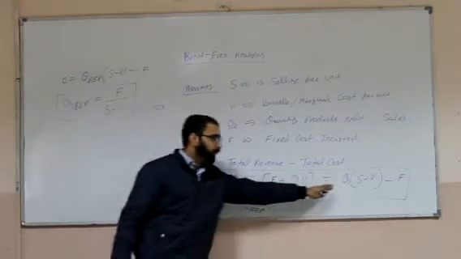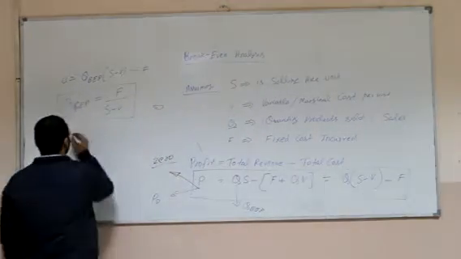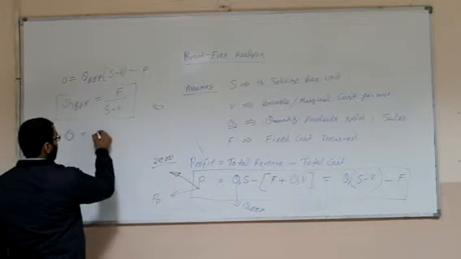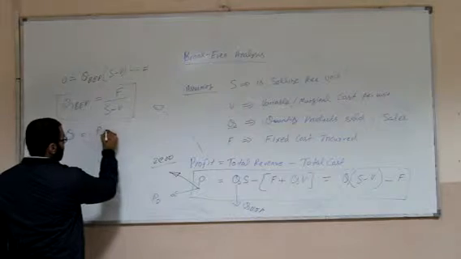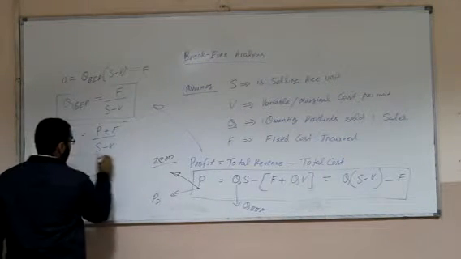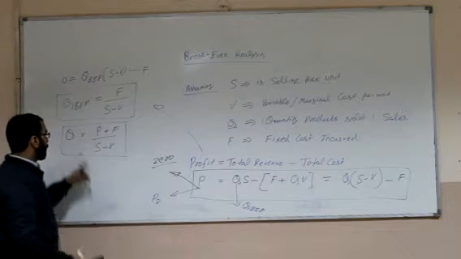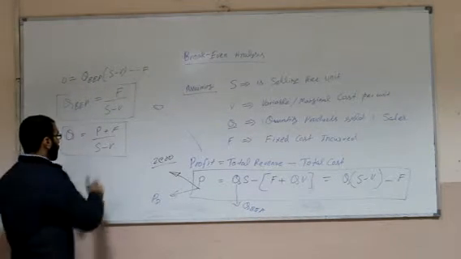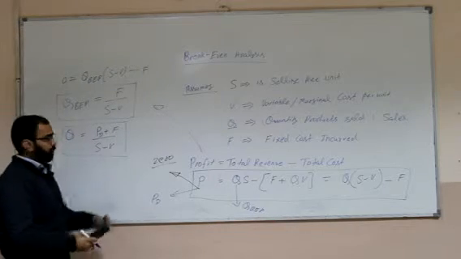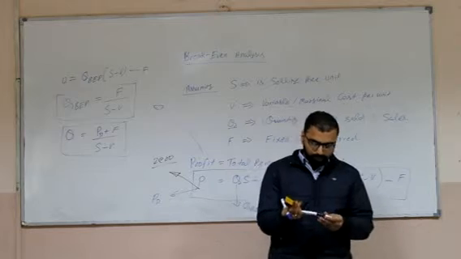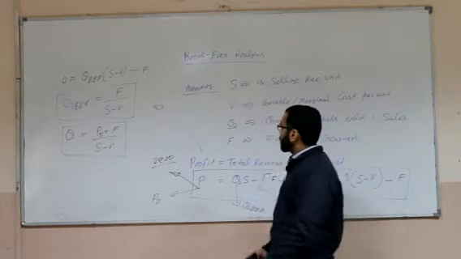So what will be the quantity? Solving this equation, Q will become P plus F divided by S minus V. This is the quantity of products to be sold to achieve the desired profit PD. This is the formula. One or two terms more I have to discuss.